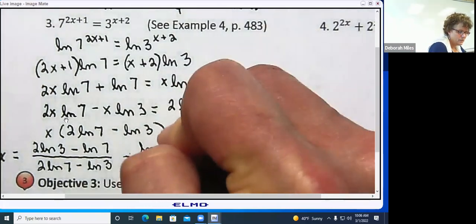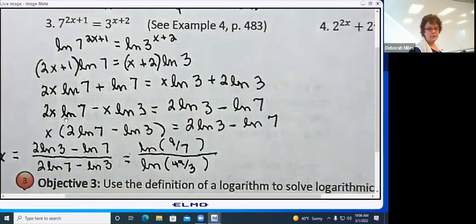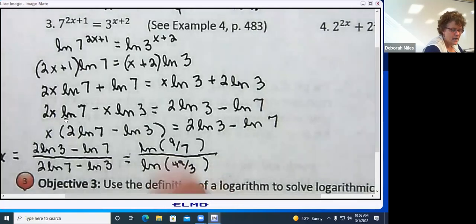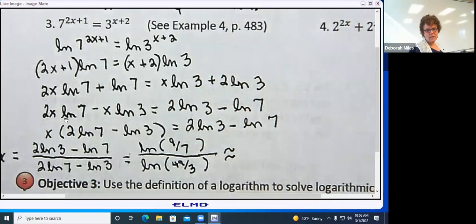That gives me something that's much easier to enter on the calculator and even easier to type into my lab. That's my exact answer. And then a decimal approximation. Somebody give me one.